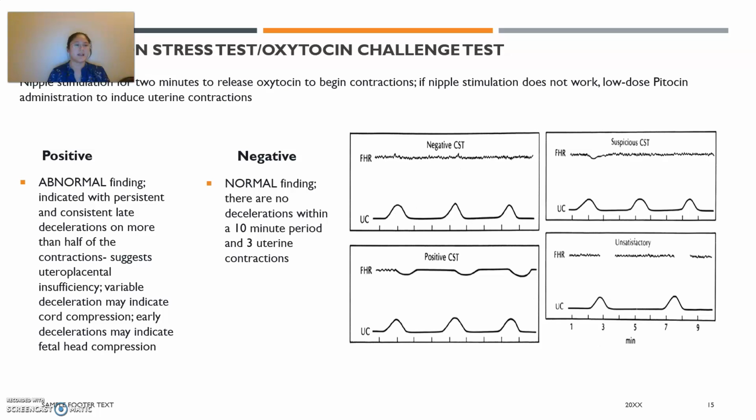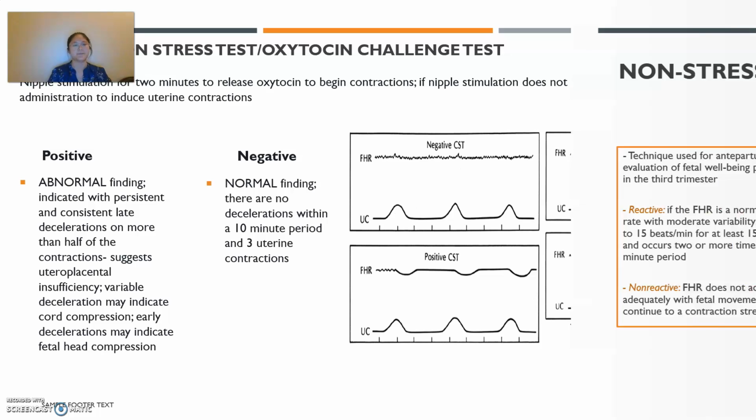Variable decelerations may indicate cord compression, and early decelerations may indicate fetal head compression. If the result is negative, you will see normal findings: no decelerations within a 10-minute period of 3 uterine contractions.